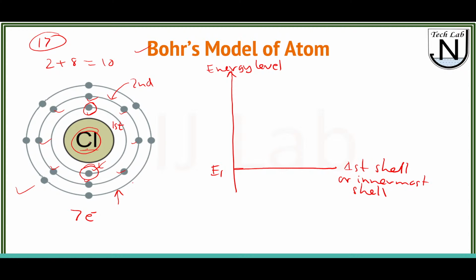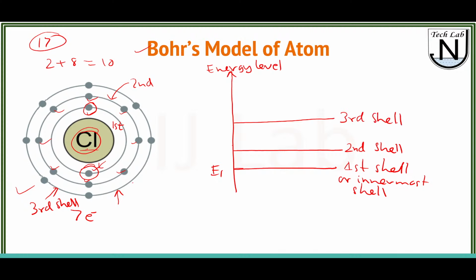So the energy of the second shell will be a little bit higher than the first one, right? Now if I talk about the third shell, then the energy of the third one will be higher than the first and the second one.